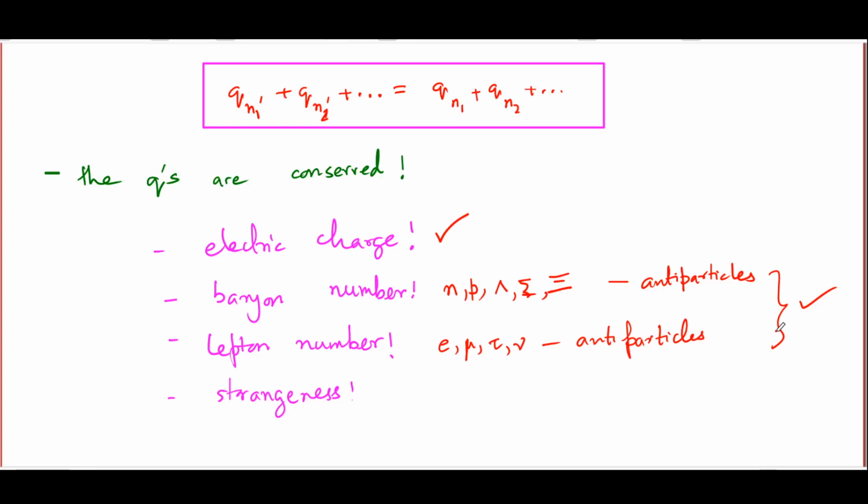Strangeness is an entirely different story. Strangeness happens to be a conserved quantity for strong interactions, but it is violated in weak interactions.